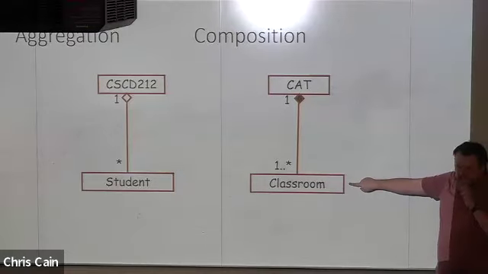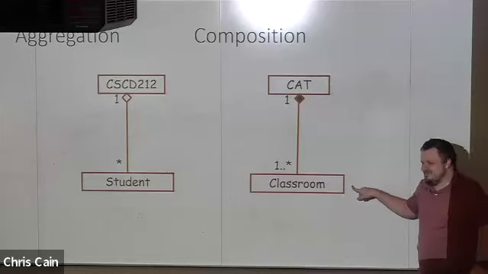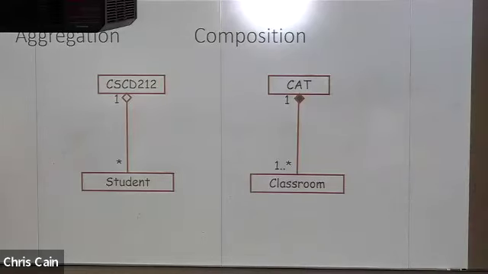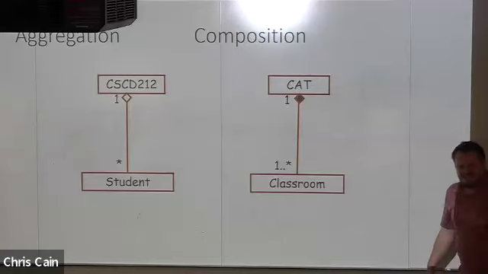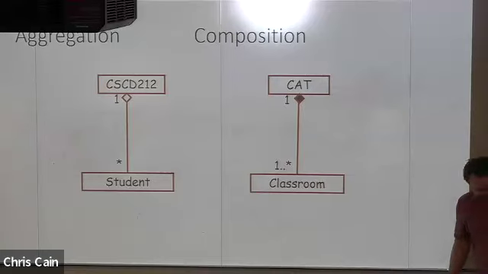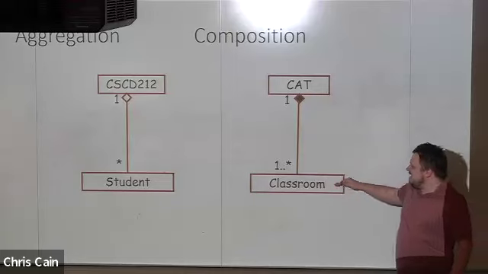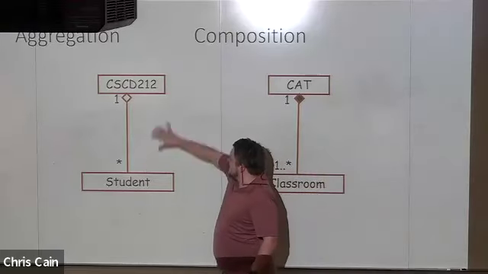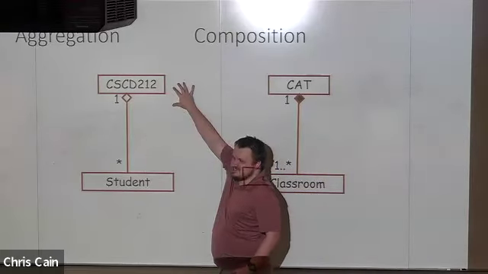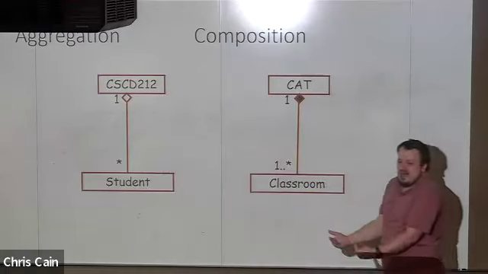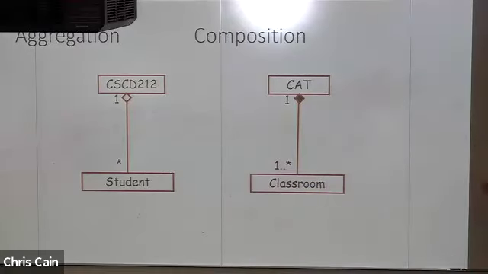Yes, this classroom cannot exist in multiple buildings at the same time, unless you're on the WSU campus, in which case there are some pretty confusing classrooms about which building they belong in. If you're in the, never mind. Not related to this. Like 5 buildings in one building over there, it's horribly confusing. But in general, yeah, the building is going to own its classrooms, but a student may be in multiple classes. This isn't the only class that you have. So because of this, it is aggregation instead of composition.